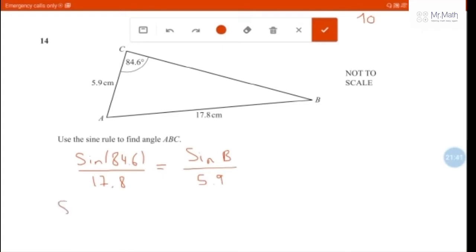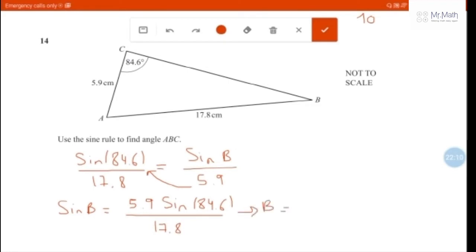So sine B is equal to, I will cross multiply, or I will multiply 5.9 times the numerator, sine 84.6. So 5.9 sine 84.6 divided by 17.8. So what's B?